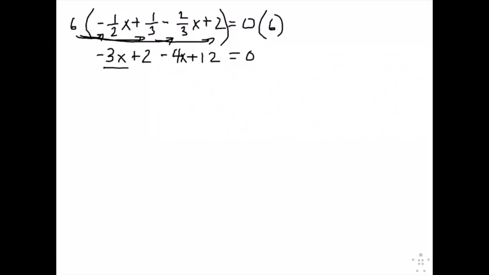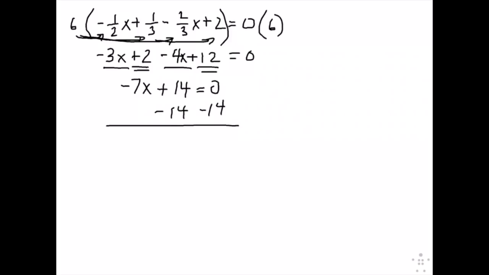Okay, so we have like terms. I have -3x and -4x is -7x. And then I have +2 and +12 is +14. And now I can subtract 14 from both sides, and I get -7x equals -14.